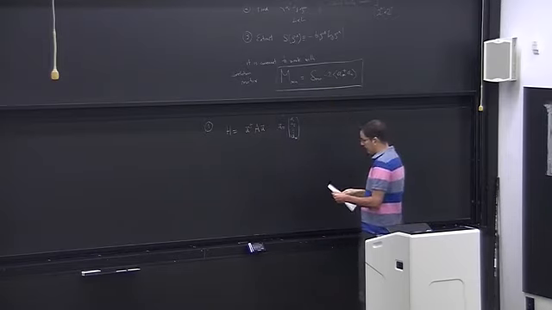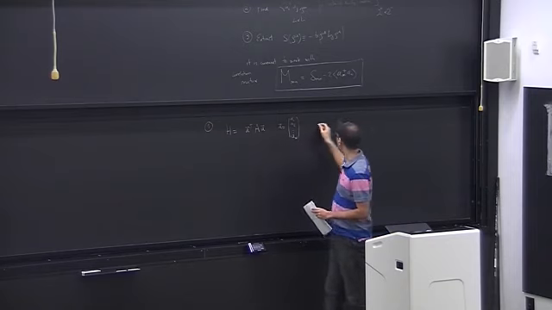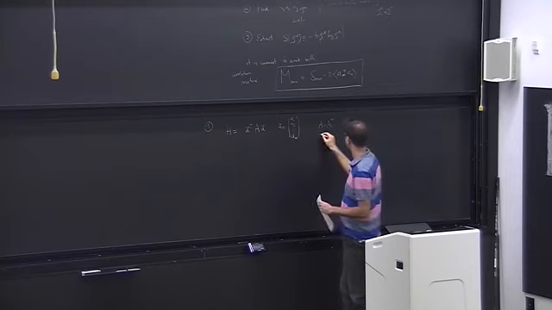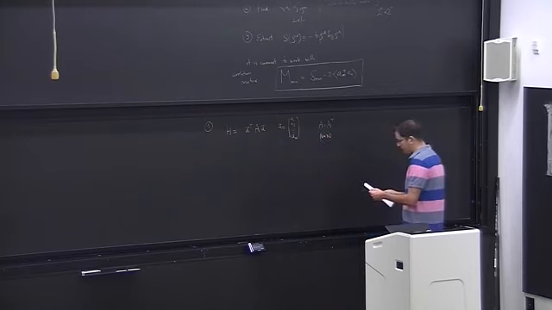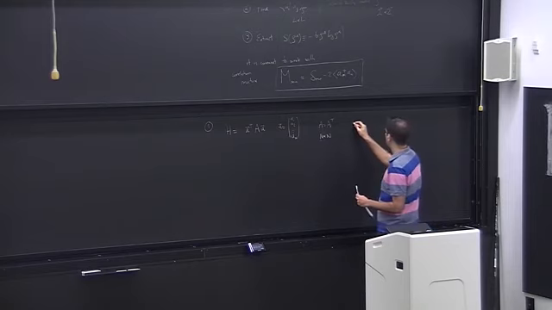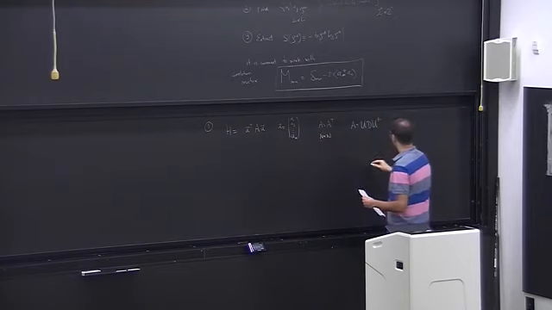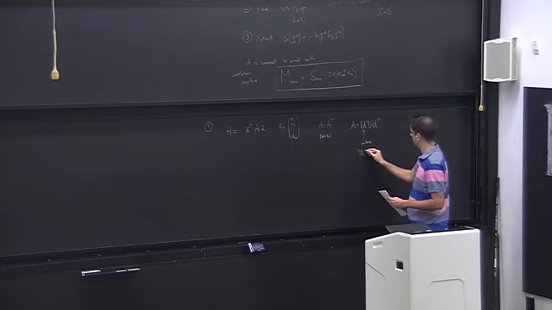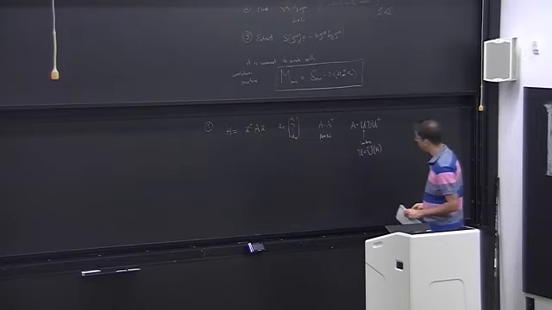And we need to remember that A is a Hermitian matrix, n times n, and so we know that we can always diagonalize it using some unitary transformation. So U is a unitary matrix, n times n.